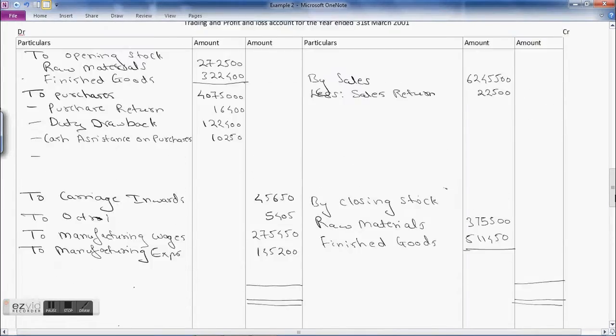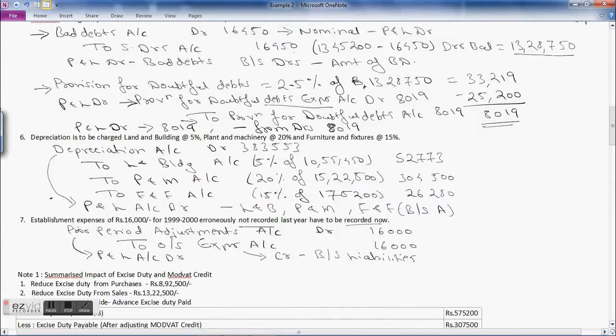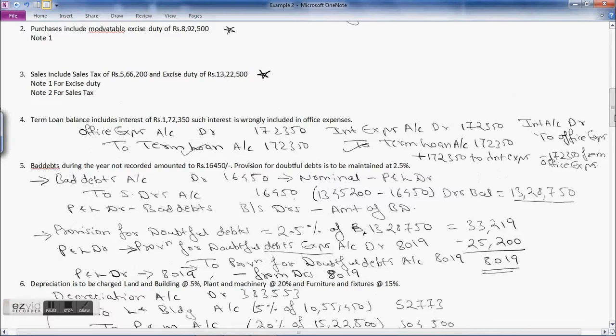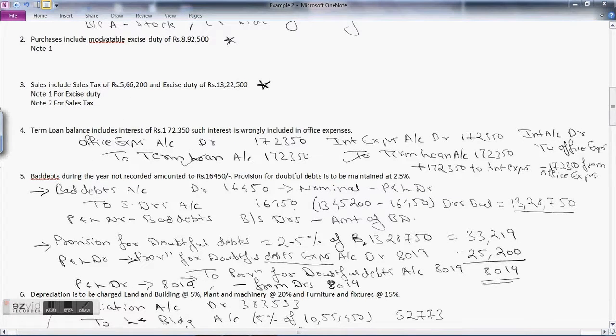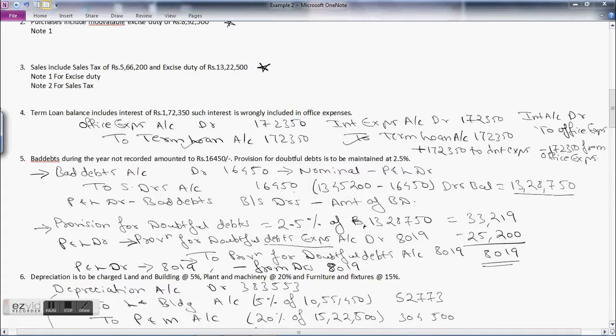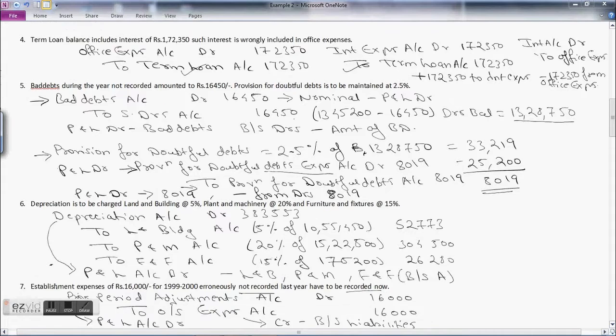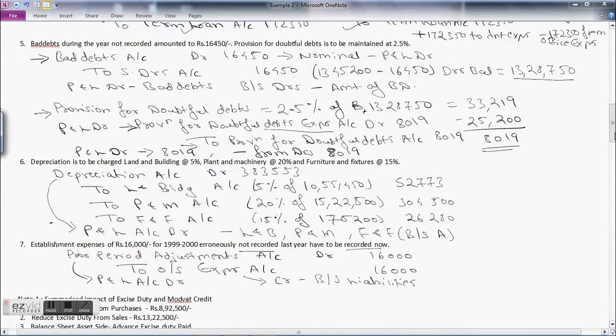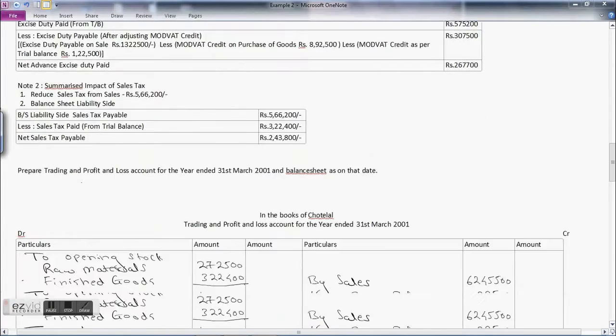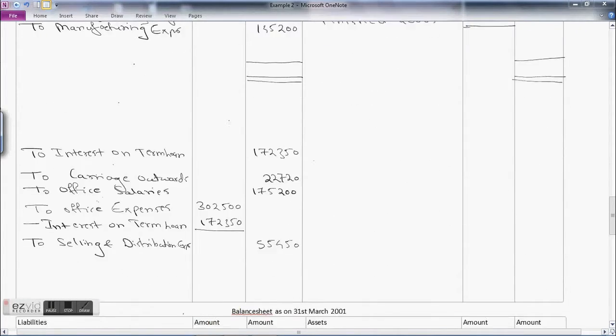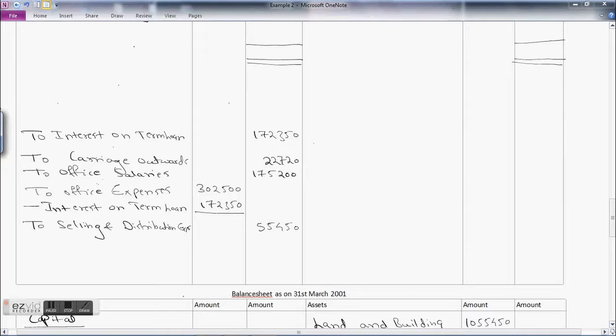Okay, now the next one. Next one is bad debts during the year not recorded amounted to rupees 16,450. Okay, so profit and loss account debit side bad debts, and then the same we have to reduce it from debtors. So profit and loss account debit side, to bad debts.